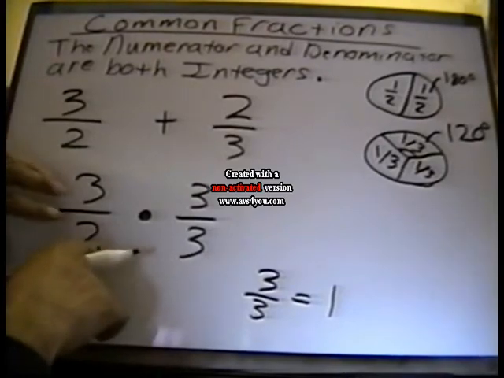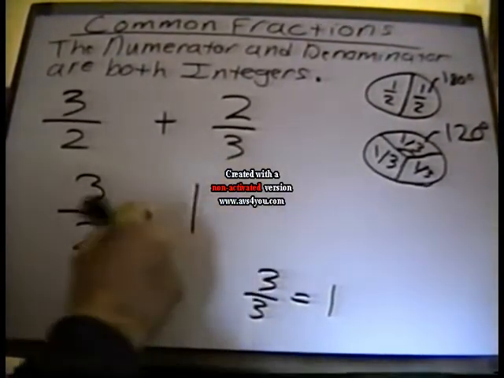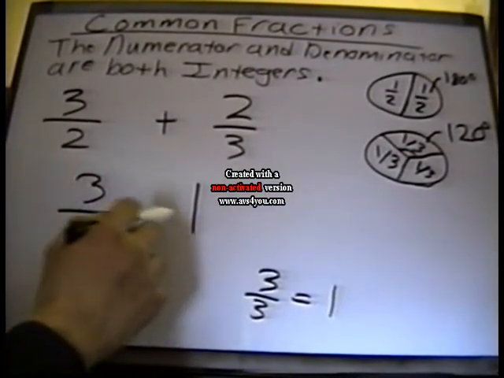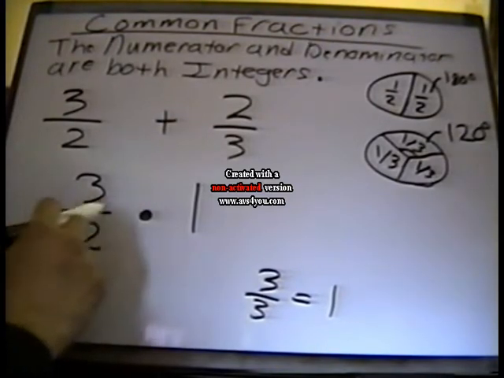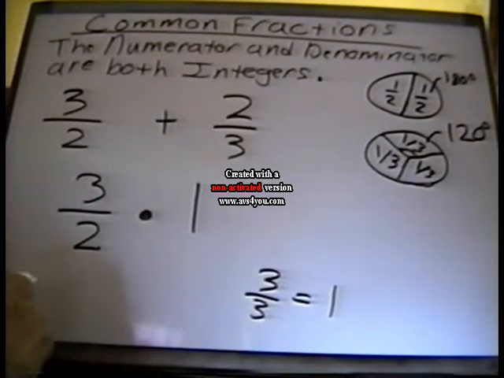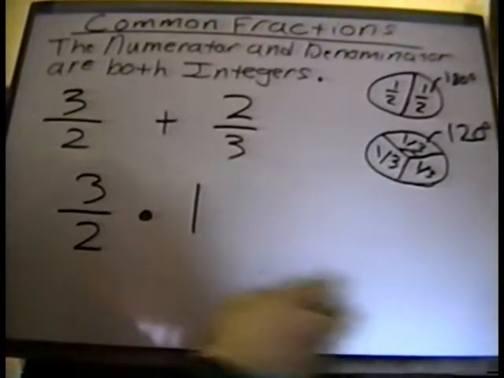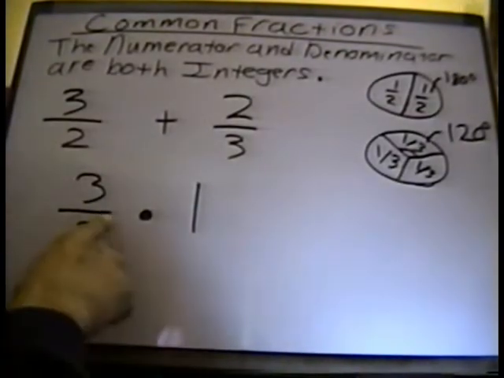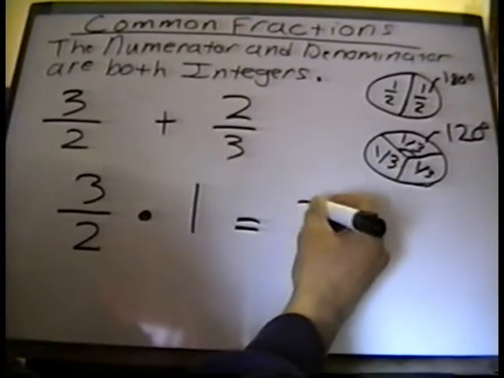Meaning, this is like multiplying by 1. 3 halves times 1. Multiplying 3 halves by 3 over 3 is like multiplying it by 1. Okay? So it's not going to change the value. Meaning 3 over 2 times 1 equals 3 over 2.